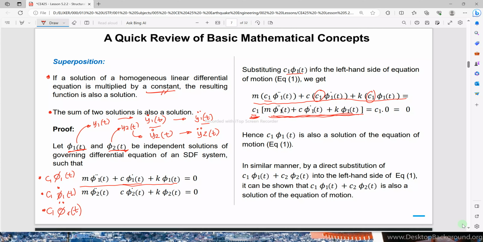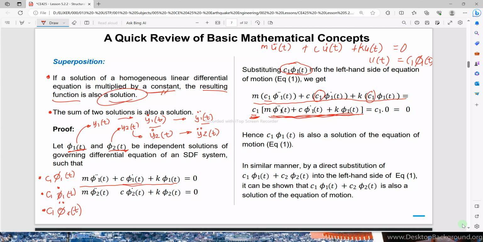Therefore, for the multiplication of that constant, if you substitute this into our equation 1, m u double dot of t plus c u dot of t plus k u of t is equal to 0, and instead of u of t we use our constant C1 times the function, we still arrive at the solution. So this resulting function is also a solution.